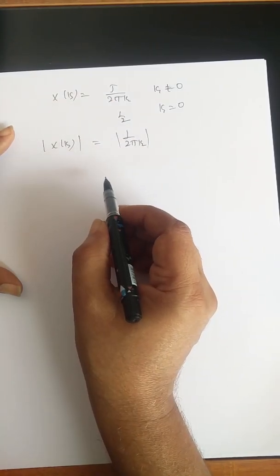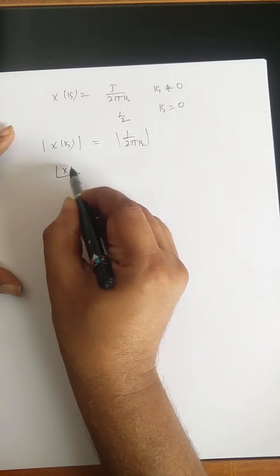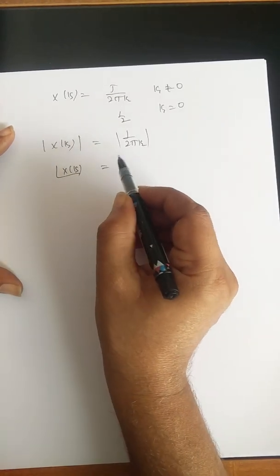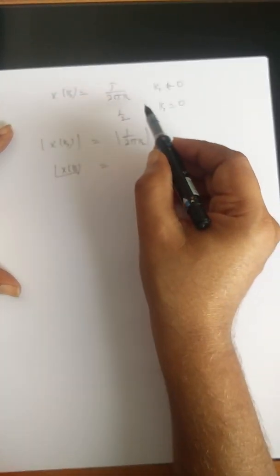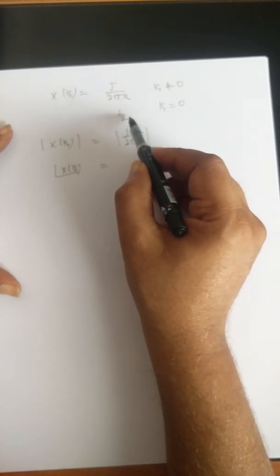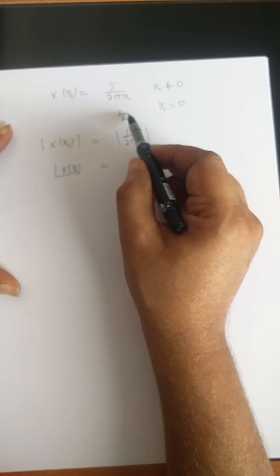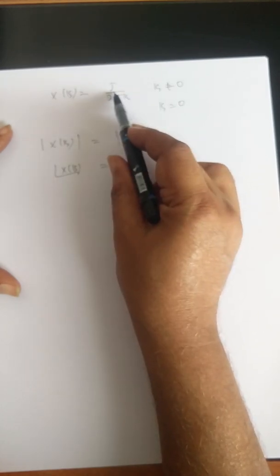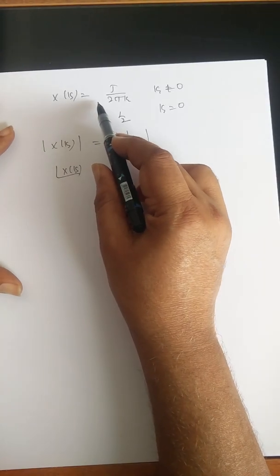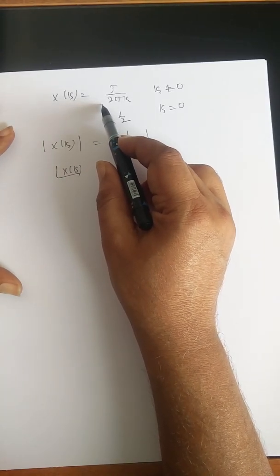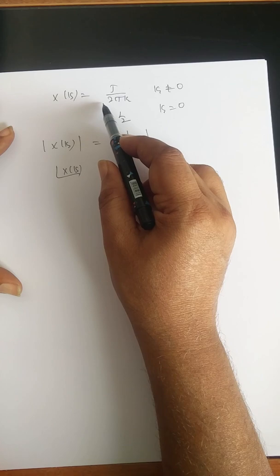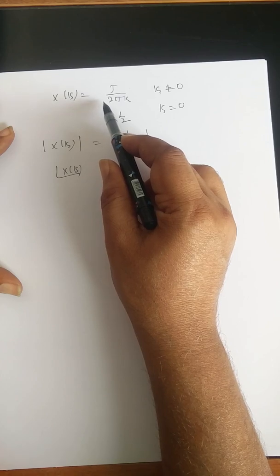Then what is the angle now? The angle, or phase part, when k is 0: there is no imaginary part, and its value is 0. When k is not equal to 0, imaginary part is there, but real part is not there, and so it becomes infinity. Tan of theta is infinity when theta is equal to pi by 2.